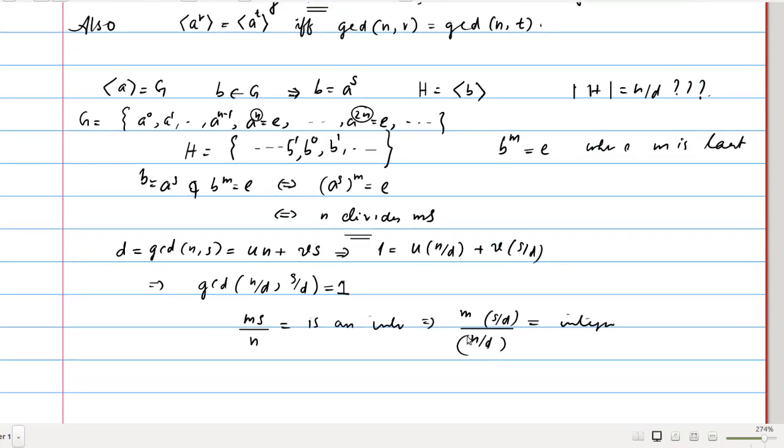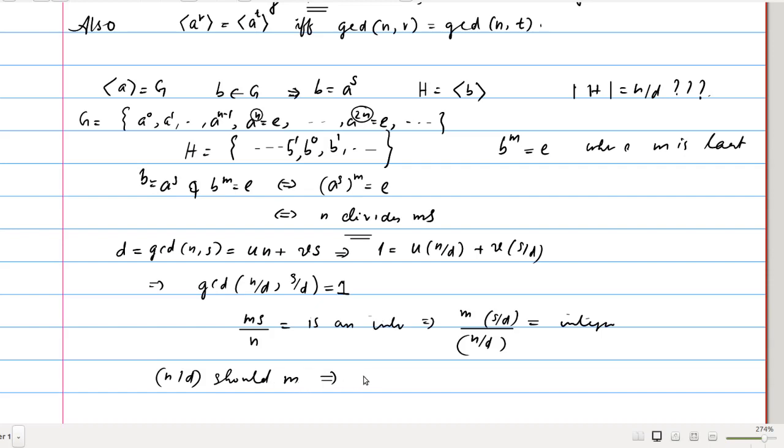But we know that n by d does not divide s by d, because the GCD of those two numbers is 1. Then in order to get this as an integer, n by d should divide m. And we need to choose the smallest positive integer m such that n by d divides m.